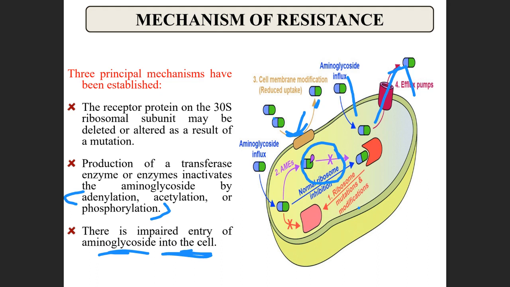So by these three different mechanisms, these aminoglycosides are altering the absorption into the bacterial cell, and the bacterial cell gets resistance to the aminoglycoside.